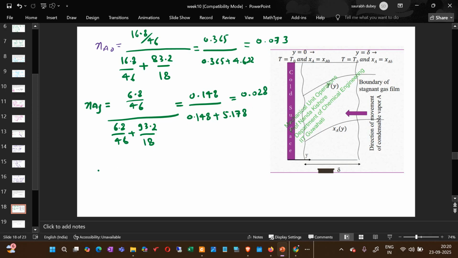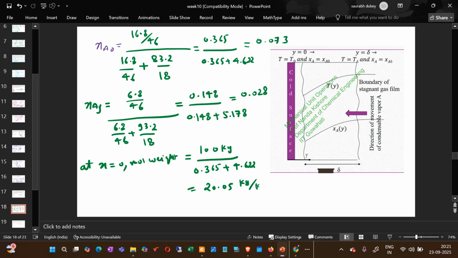Right. So at x equals 0, the molecular weight, for a basis of 100 kg, is 100 divided by 0.365 plus 4.62. It will give you 20.05 kg per kg mole.